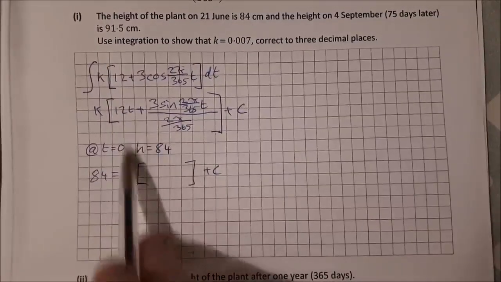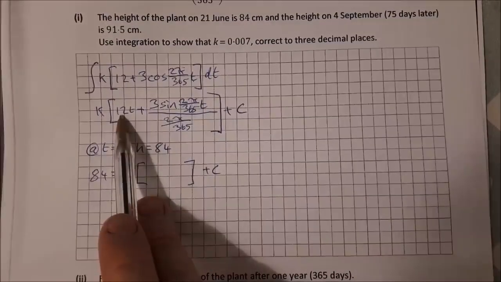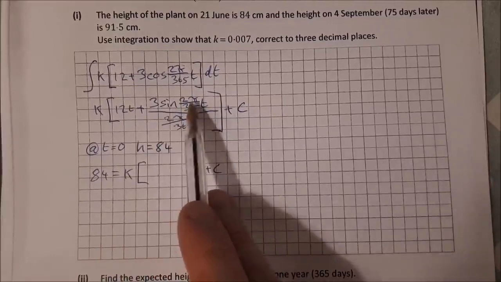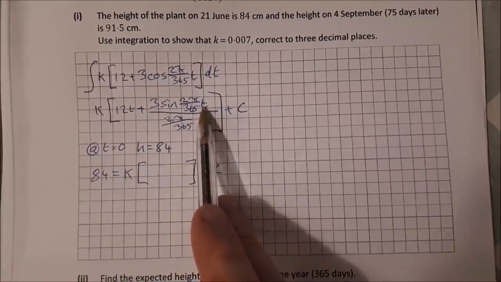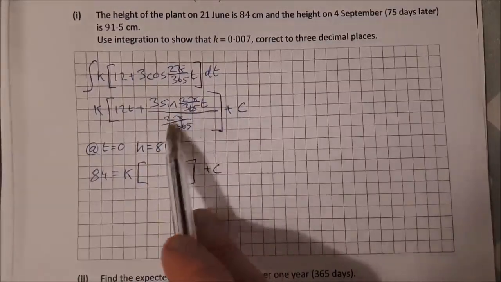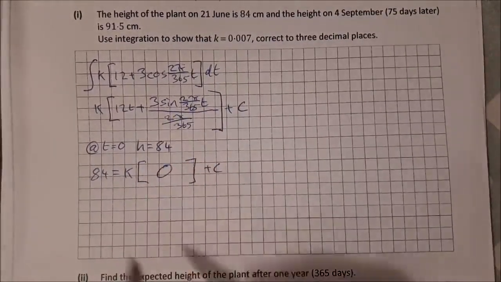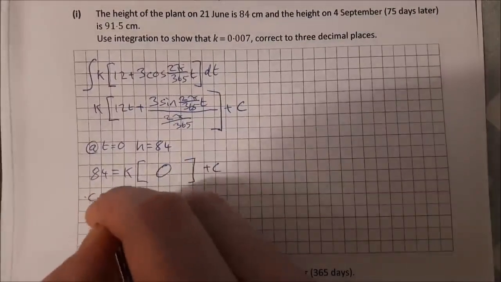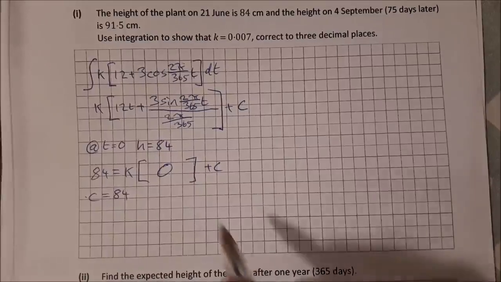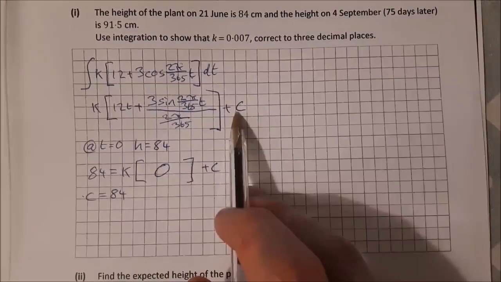Now what's inside the brackets turns out to be 0, because if I sub in 0, 12 times 0 is 0. 3 sine 2 pi over 365 times 0, so this is 0. Sine of 0 is 0. So that whole fraction there is 0. So it's k times 0 plus c. That means that c is equal to 84. So now instead of having my c up here, I have plus 84.